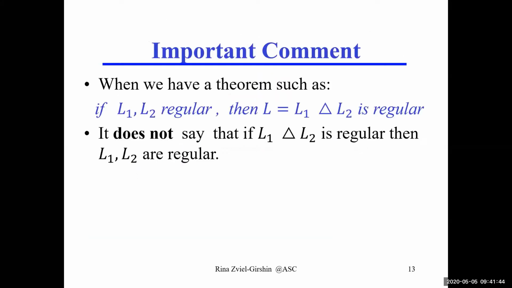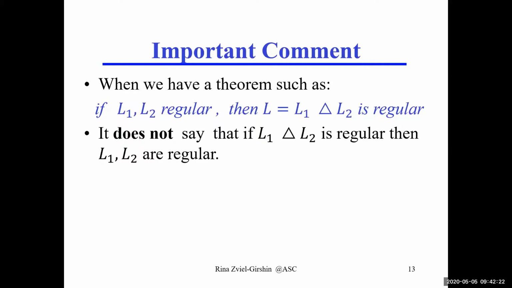Okay, I have an additional question or important comment for homework 4 and also for the rest of the course. And then actually we finished the practicing and I can answer all lecture related questions. I would like to remind you that if I have a theorem that if L1 and L2 are regular languages, then the new language L, that is L1 some triangle L2, is regular, and we don't have the definition of what the triangle operation is.